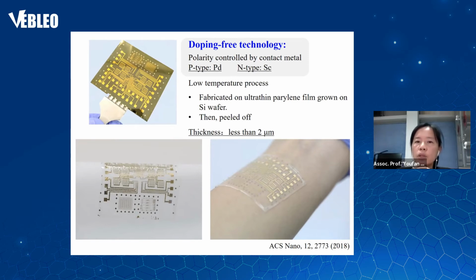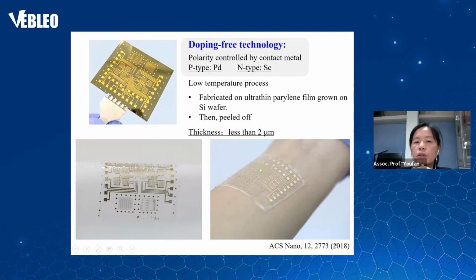So we are using what we call doping-free technology by choosing different work function metals. Then we can realize P-type or N-type transistors on such an ultrathin substrate at a very low temperature. So we can directly fabricate the circuits on such an ultrathin foil.